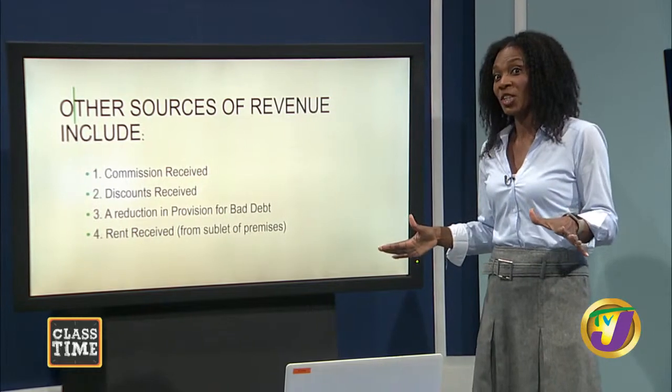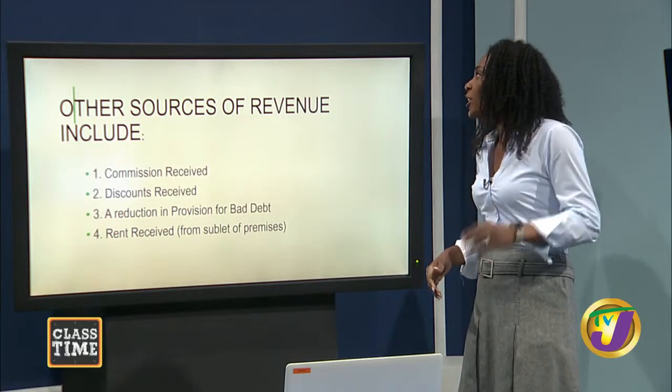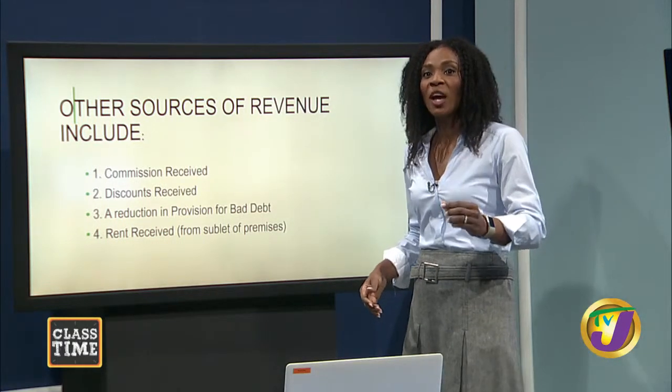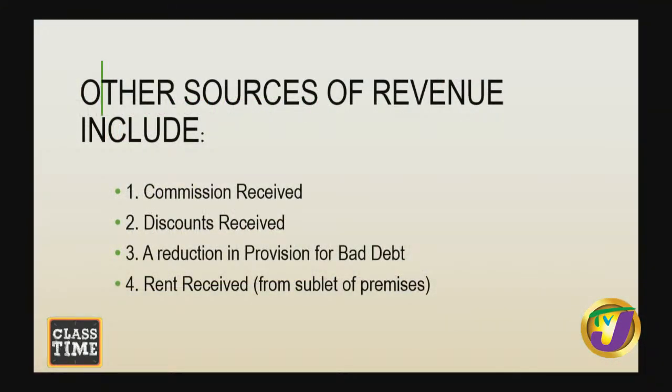We have set the foundation, students, so make sure you're taking your notes. There are other sources of revenue, and these include commission received, discounts received, a reduction in provision for bad debt, and rent received from sublet of premises.